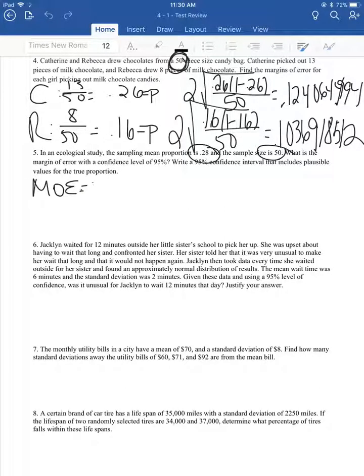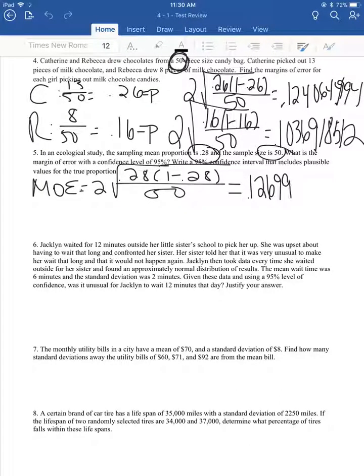So this is going to be 2 times the square root of 0.28 times 1 minus 0.28 divided by the 50. And I get that this is equal to 0.1269960629.